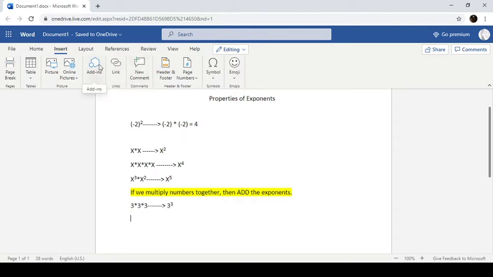Whatever, I'll do it a different way. x times x divided by x. Okay.